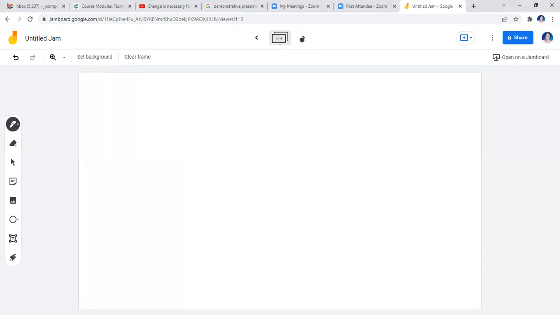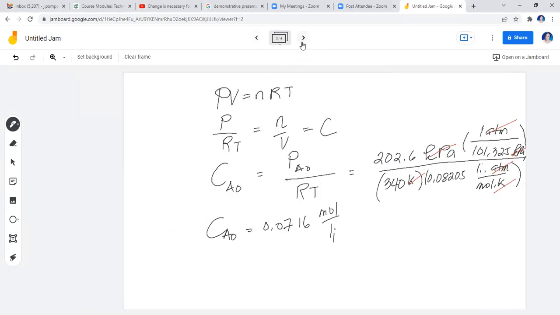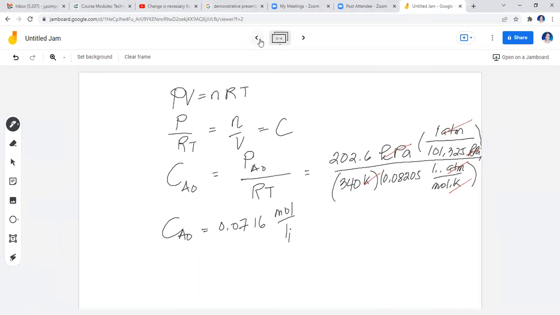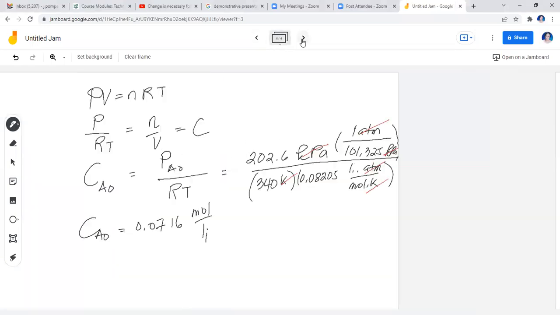We have 0.1 equal to 4 and the CaO, and we have here XAE squared over 1 minus XAE. Alright, so you'll be able to solve for the XAE.